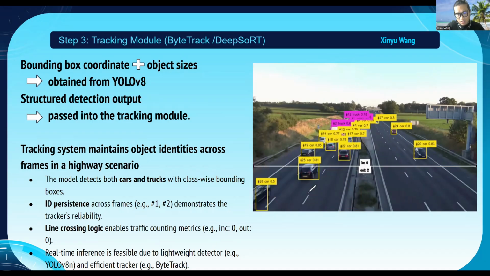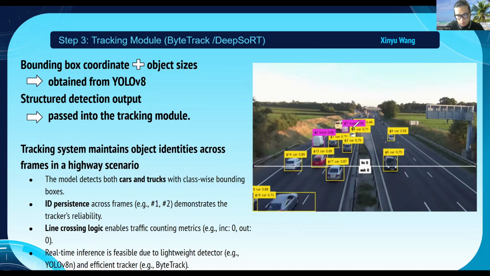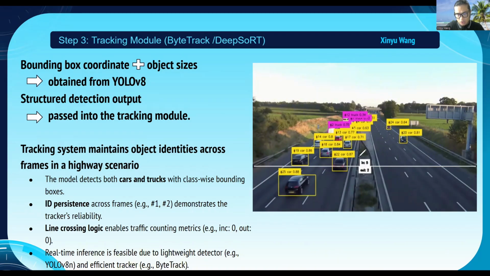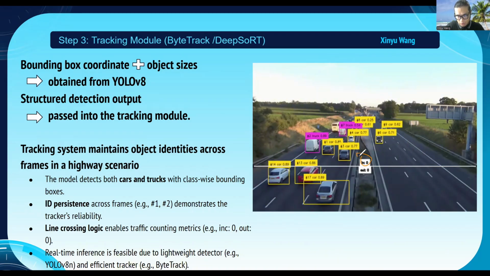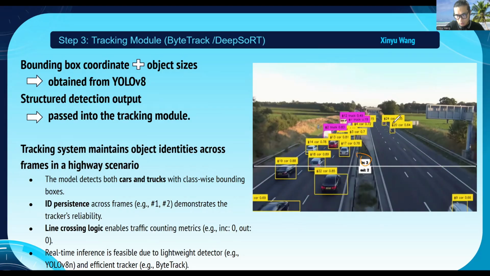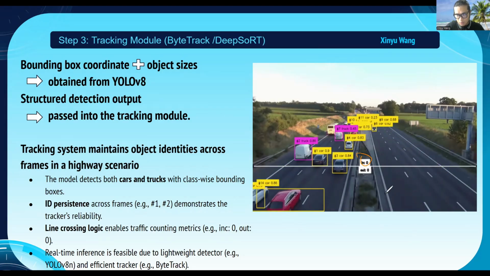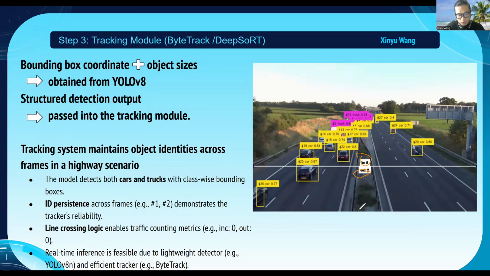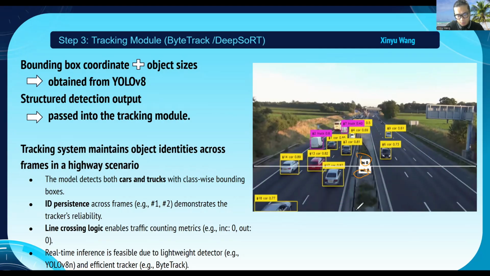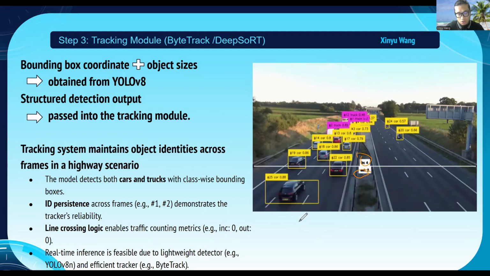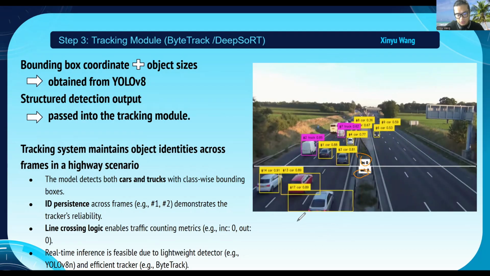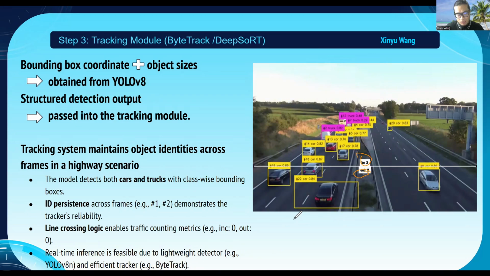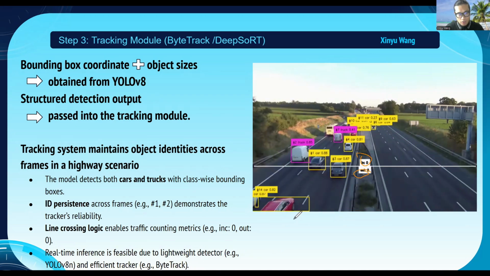For example, if this car goes into this white line, we count in 1, in 2. And if this car goes out of this line, we count out 1, out 2. Real-time inference is feasible due to the lightweight YOLOv8 model and efficient trackers like ByteTrack and DeepSort.